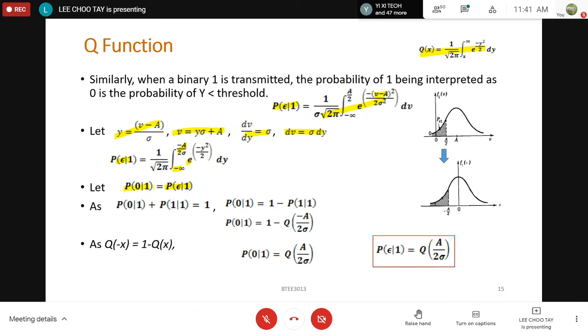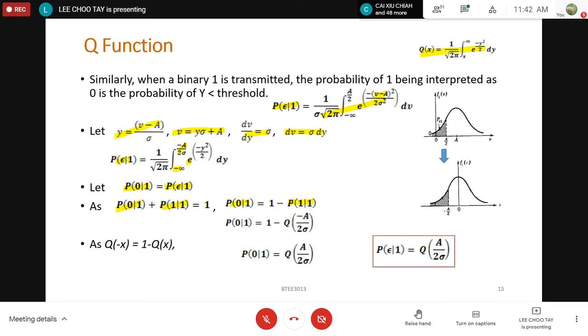At the receiver, when we send a 1, there are only two possibilities: the receiver may interpret it as a 1, or as a 0. So the probability of 0 being detected when a 1 is sent plus the probability of 1 detected when a 1 is sent is equal to 1. Rearranging, the probability of 0 being detected when a 1 is sent is 1 minus the probability of 1 detected when a 1 is sent.